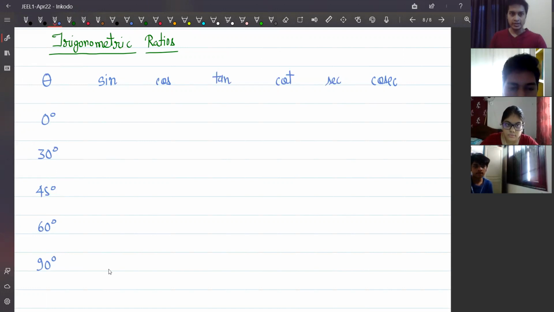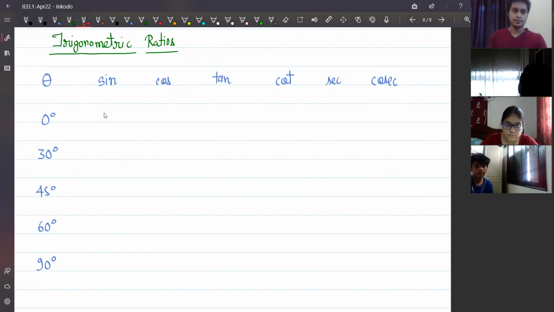Kushak, just tell me the value for this column. Sine 0 is 0, sine 30 is 1 upon 2, then 1 upon root 2, then root 3 upon 2, then 1. Correct.